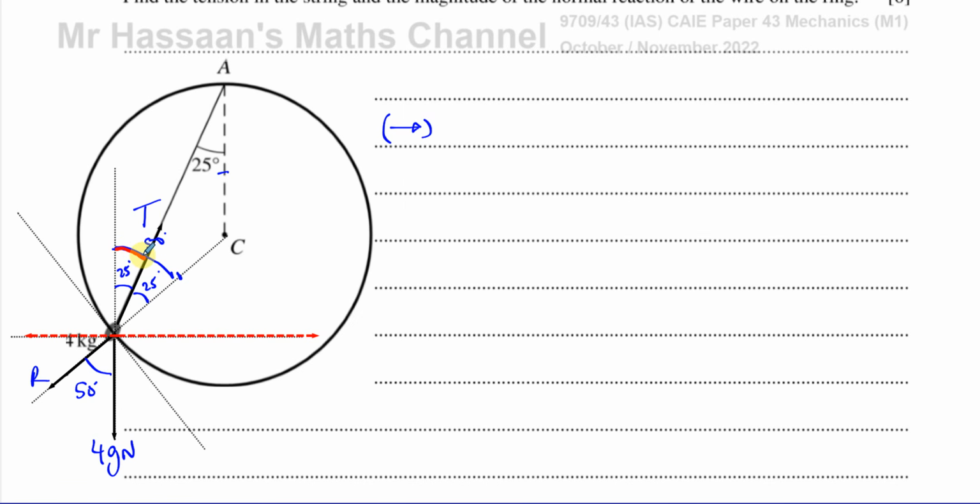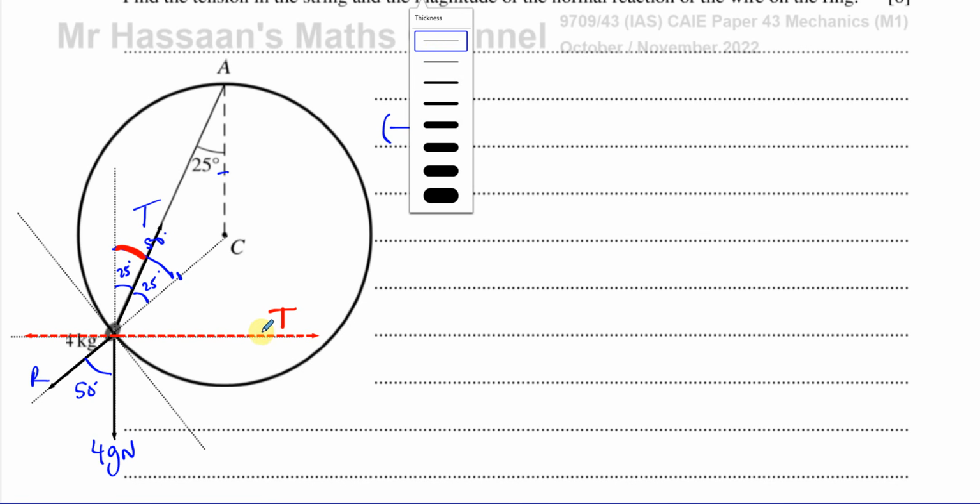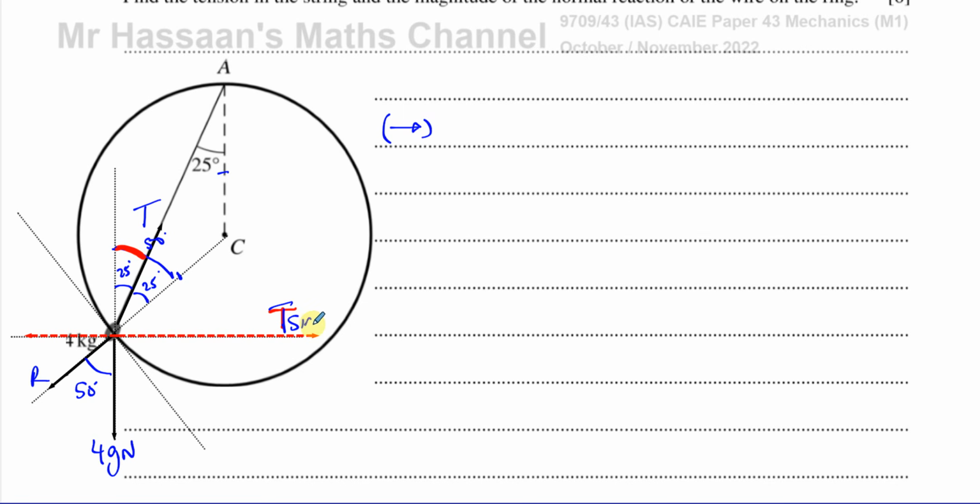We've got this angle over here, that's 25 degrees. Okay, so this is going to be T times, now we're going away from the angle given. So we're going to be T times the sine of 25. That's this component of the tension in the horizontal direction.